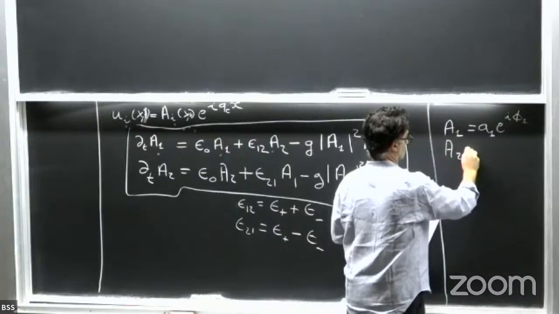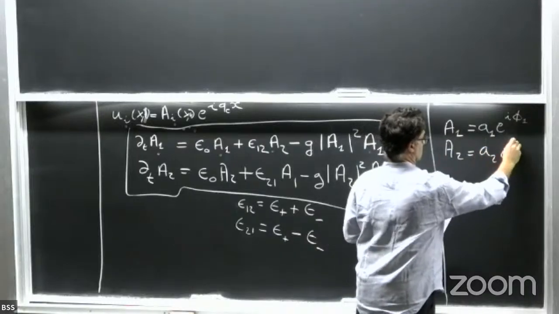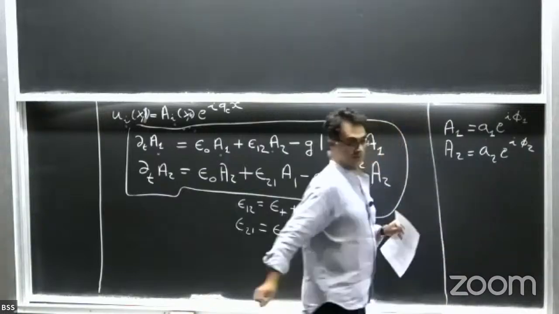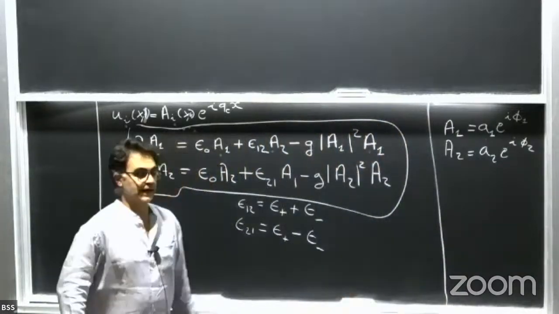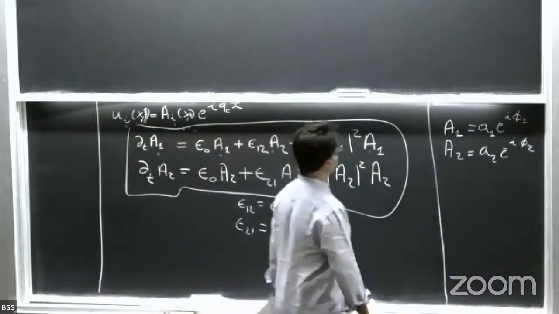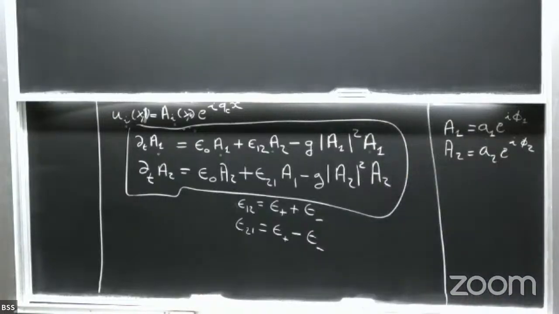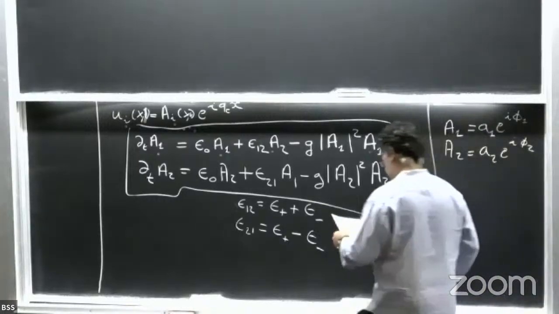Okay. And I'm going to try to derive an equation for the difference between the phases and the sum of the two phases. And you see why. They give us very important information about what's going on.